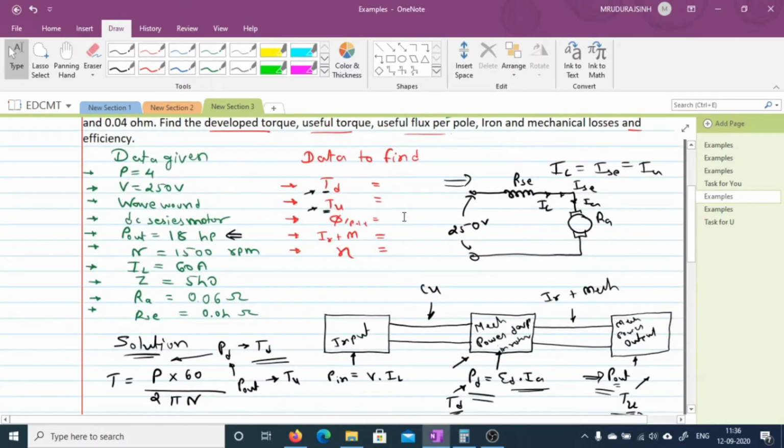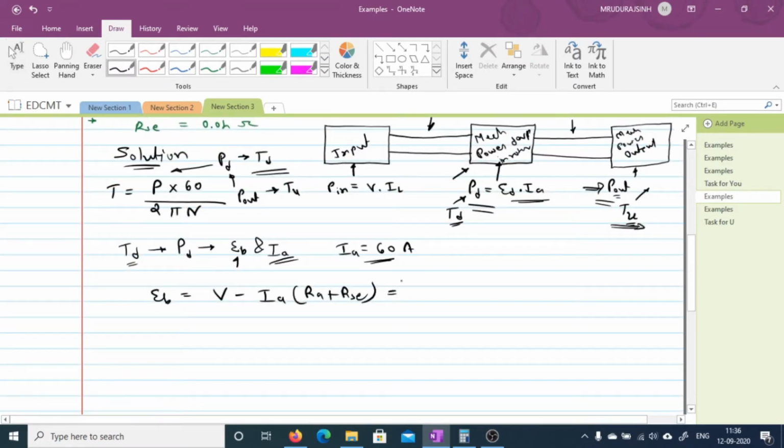Terminal voltage V is equal to 250 volt, minus I_A is 60, R_A is 0.06 and R_SE is 0.04. So 0.06 plus 0.04 is total 0.1, and 0.1 multiplied by 60 is equal to 6. So 250 minus 6 gives us 244 volt. So the value of back EMF is 244 volt.